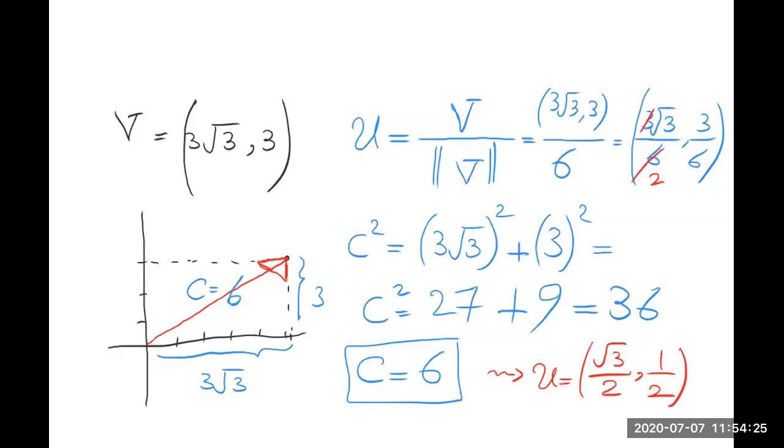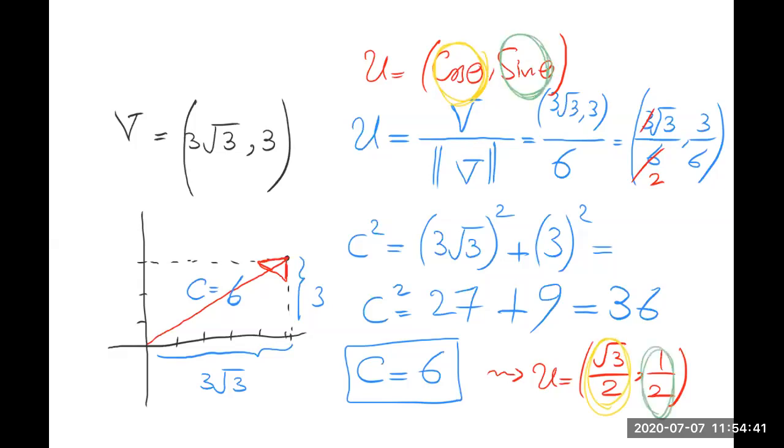Now remember, u is always equal to cosine of theta, sine of theta. It means cosine of theta is equal to radical 3 over 2. Sine of theta is 1 over 2. What is theta? Theta is something whose sine is equal to 1 over 2. It's pi over 6. Therefore, theta is pi over 6.